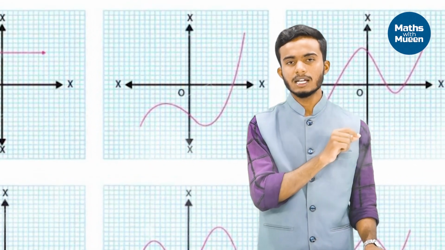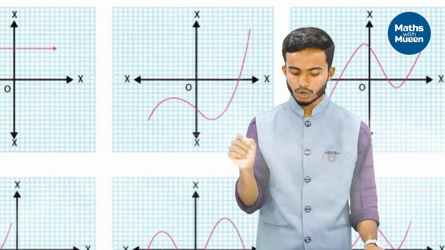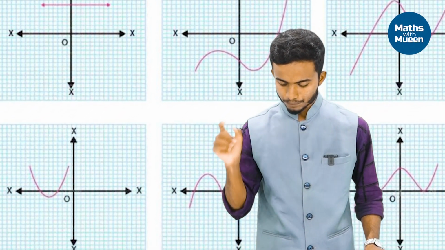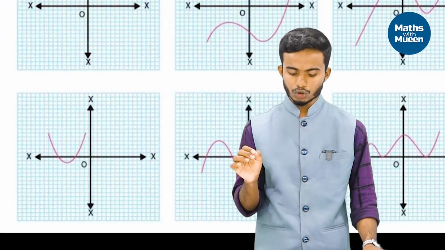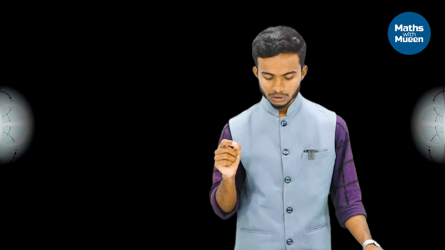There are a total of 3 points touching the x-axis where the graph is going. So the zeros are 3. In the fourth question, 2 points are touching. In the fifth question, it is 1, 2, 3, 4, and in the sixth question it is 1, 2, 3.